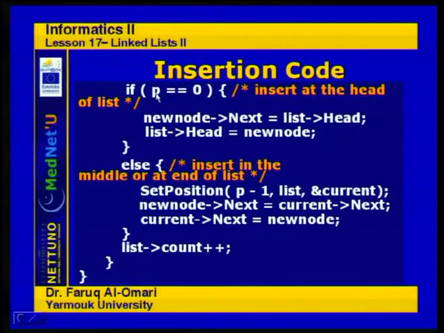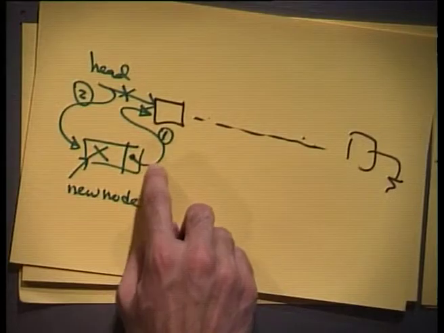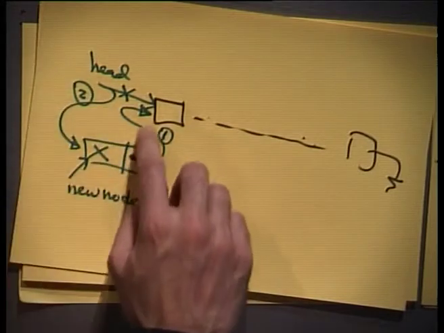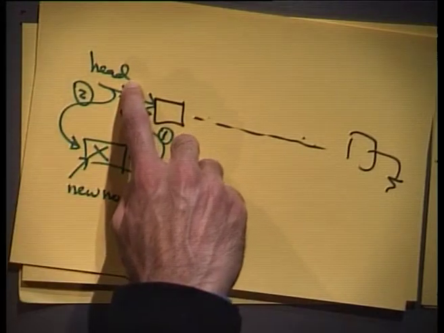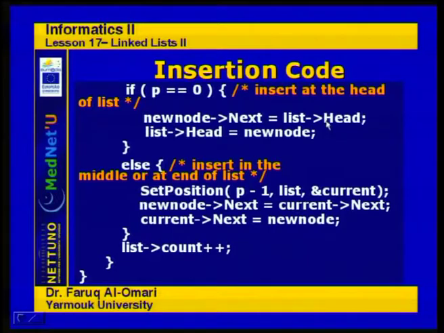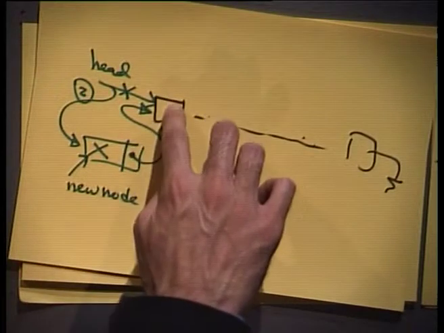So in this case, if P equals 0, then new node arrow next, this pointer goes to wherever head is pointing. So it equals list arrow head. This means make new node point to this.